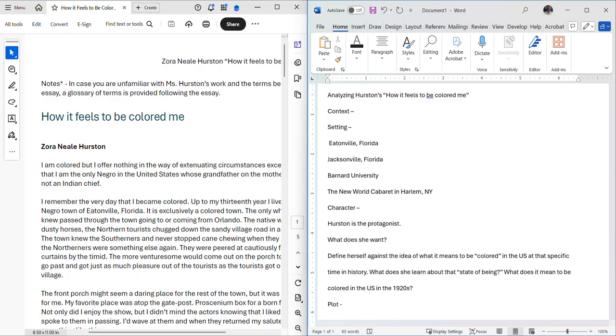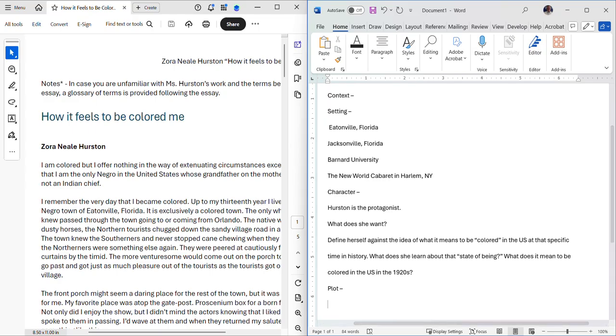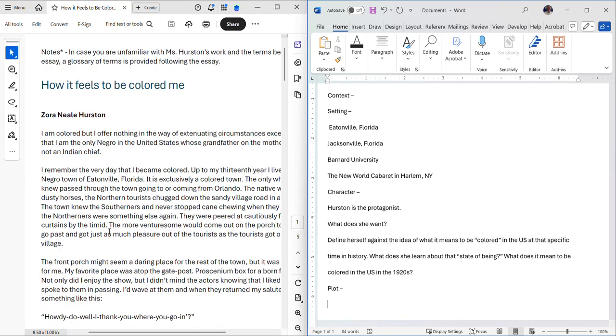Remember, plot is created from the protagonist desiring something, there being an obstacle toward them achieving that desire, and that creates the different beats, scenes, moments, episodes in the story that lead toward the realization, and it also creates the conflict. So, looking at the essay, I mean, it's pretty obvious.